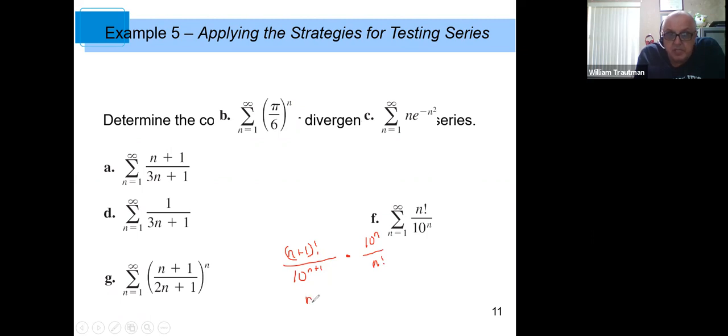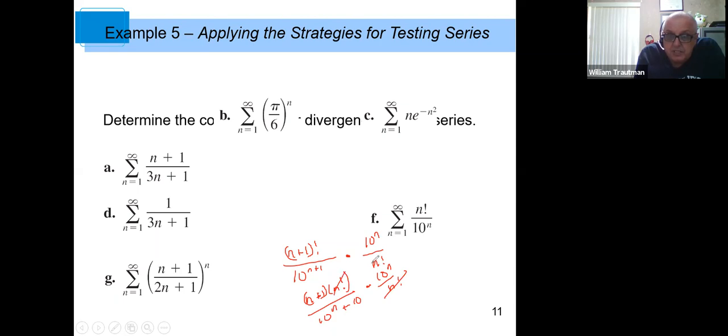So this becomes n plus 1 times n factorial over 10 to the n plus 1, times 10 to the n over n factorial.